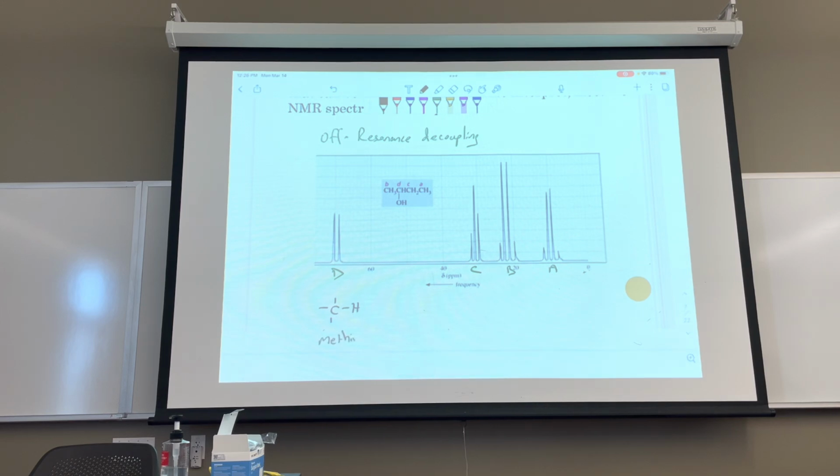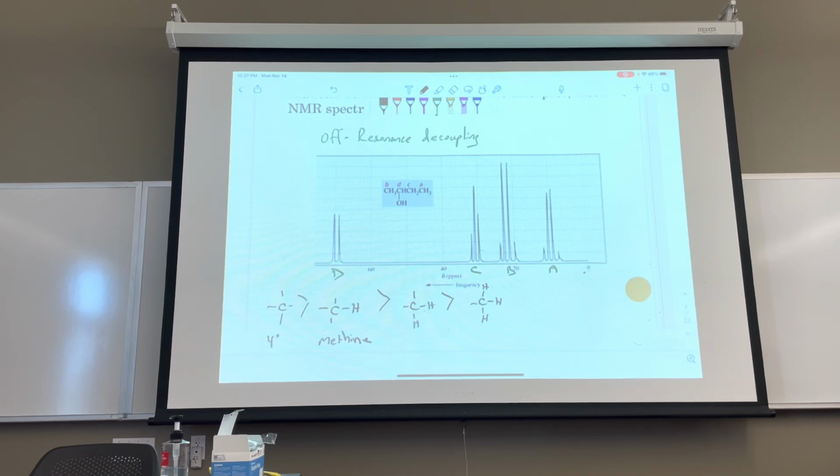Methine. Something that has no hydrogens on it, a quaternary carbon, is going to be the most deshielded. Something that has just one hydrogen would be next. Something that has two hydrogens is next, and then methyl groups are the least deshielded.